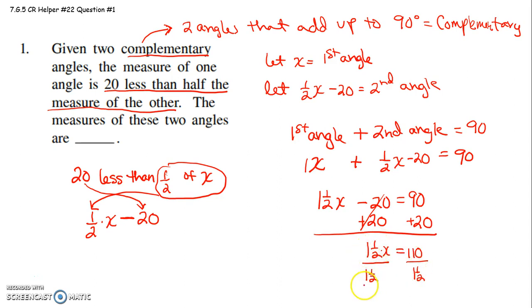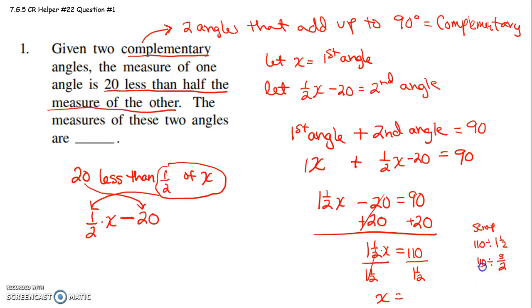Over here, the coefficient becomes a fancy form of 1, and 1 times X is just X. On this side, I have to take 110 divided by 1 and 1/2. I have to write this as an improper fraction. 1 and 1/2 is the same as 3/2: 2 times 1 is 2, and 1 more is 3.